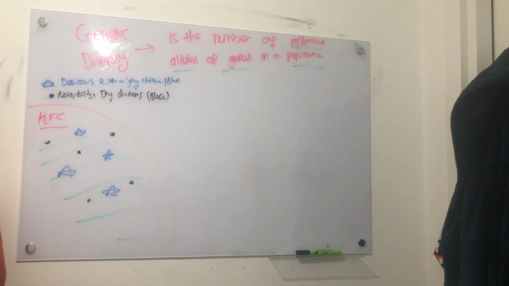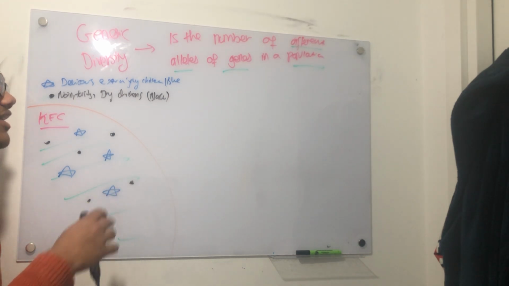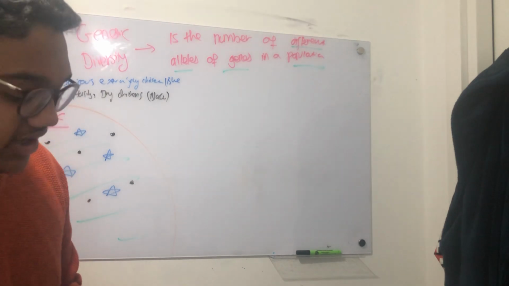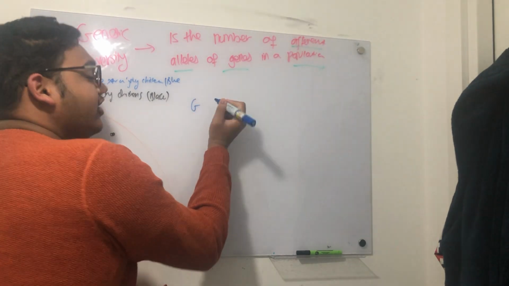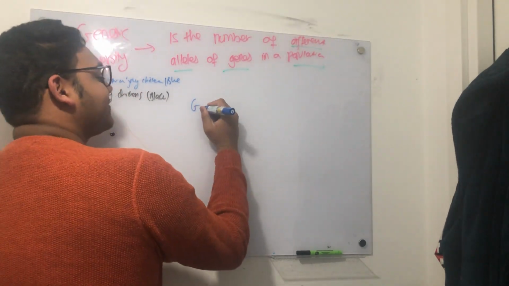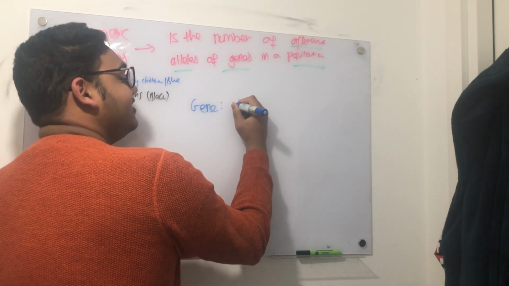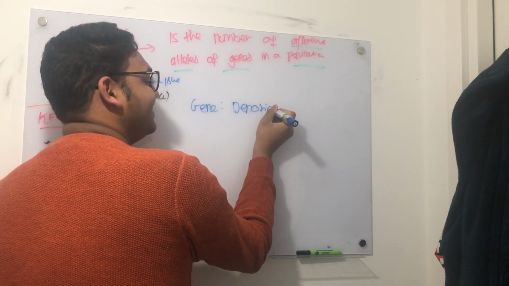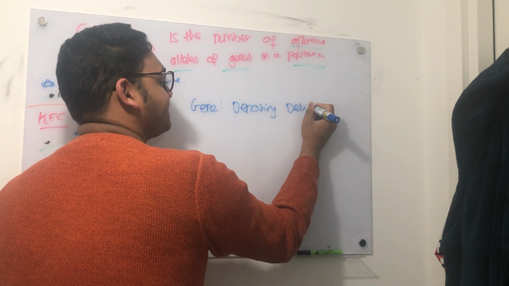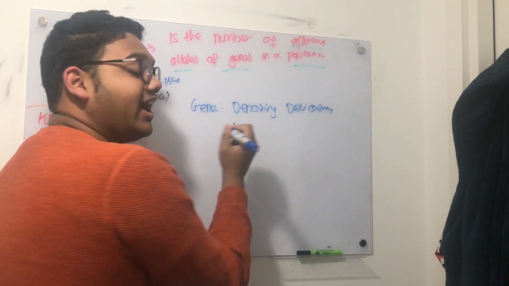And this is effectively what genetic diversity is. It's the number of different alleles of different genes in a population. So in this sense, the gene is denoting deliciousness. Oh, and also colour.